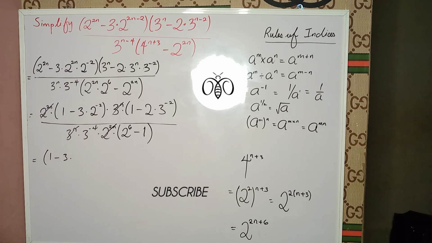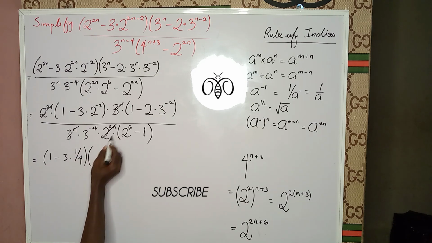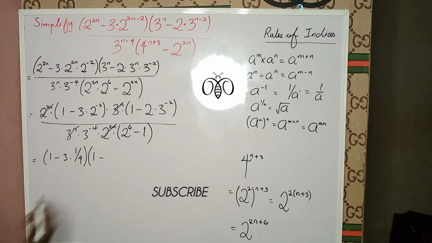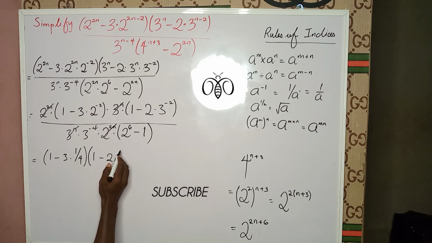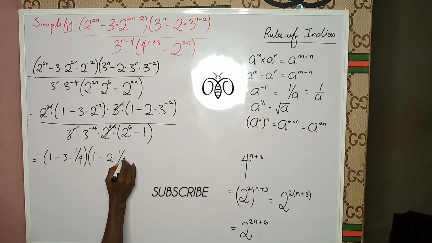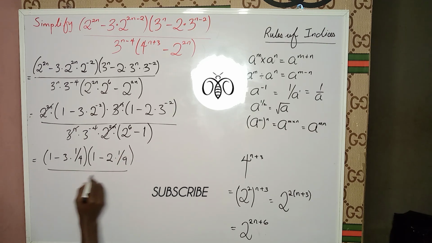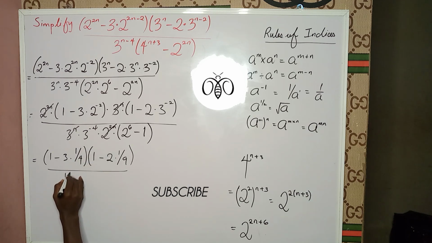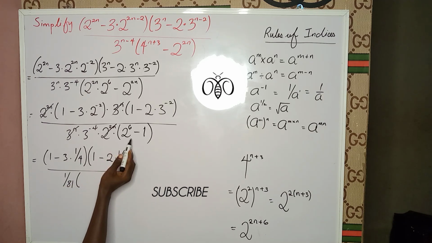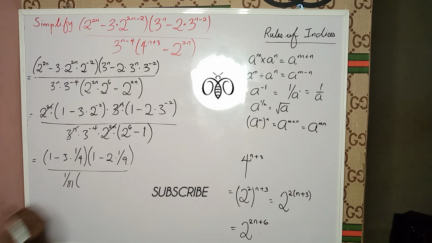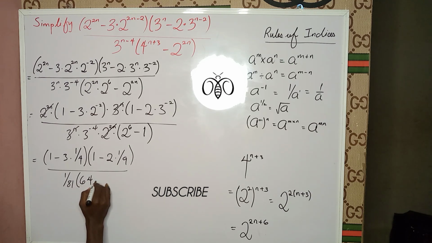We can use rule 3 over there. So we have this to be 1 over 2 raised to power 2, which is 4, open bracket. Then we have 1 minus 2 times 1 over 3 raised to power 2, that is 9, over, we have 3 left here, that's 1 over 3 raised to power 4, that's 3 times 3 times 3 times 3, that's 81, open bracket, 2 raised to power 6, that is 64, minus 1, close bracket.